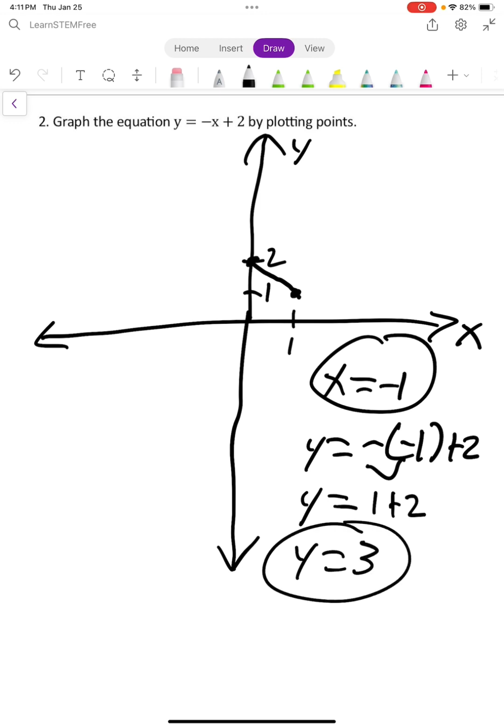So the point, let me write -1, and I also need to write the 3 up top. So it's going to be -1 for the x, 3 for the y. And then we're going to connect these points. So the graph is going to look something like this. It's a rough sketch.